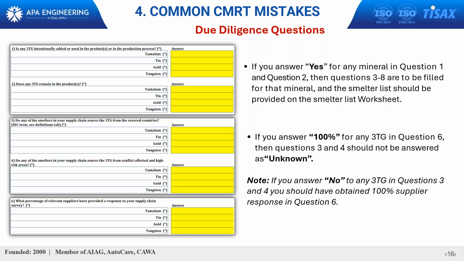Logically, this is an error, as you already received 100% responses. And when you answer no to any 3TG in questions 3 and 4, you should have obtained a 100% supplier response in question 6. Also, if you answer yes to any 3TG in questions 3 and 4, you can include the smelter IDs in the comments, and it is a good practice. Next slide.